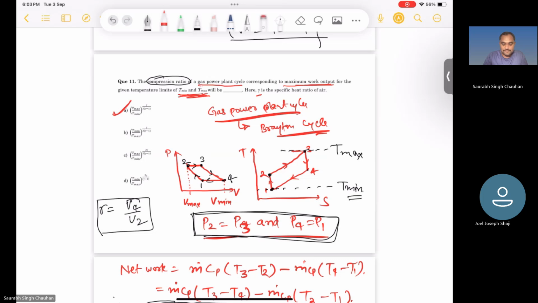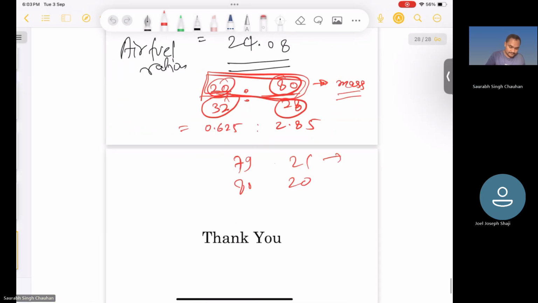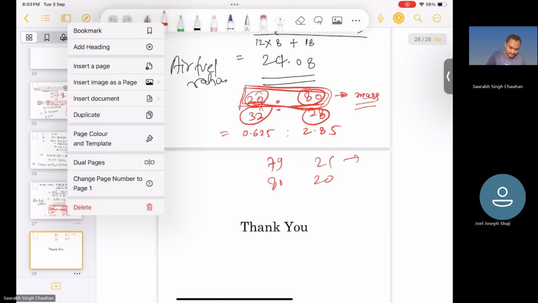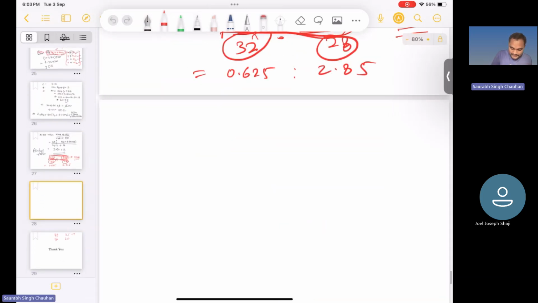I will just cross check the last part, because it is important. Composition of air.